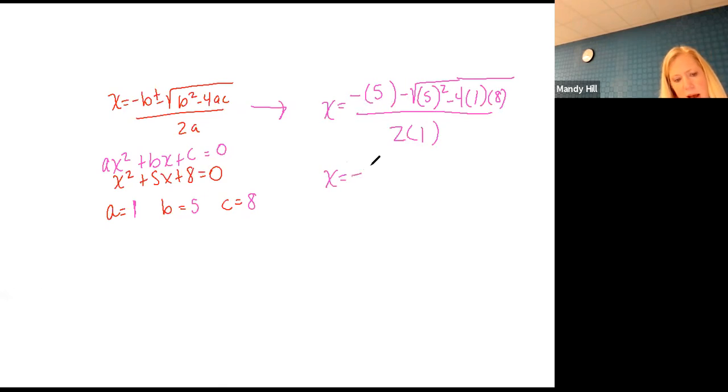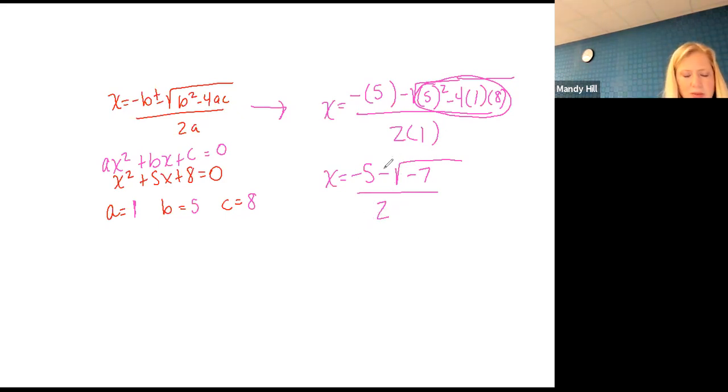So negative 5 minus, remember the calculator can handle this stuff underneath. So I would type that in just like it is with the parentheses around the 5 and everything. Okay, that ends up being negative 7, which we should have our antenna up because we've got the square root of a negative number here, divided by 2 times 1, which is just 2.